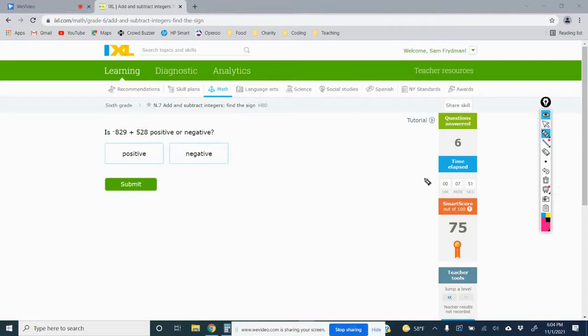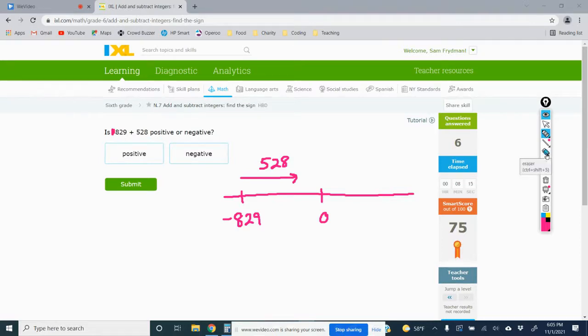Okay, let's just do one more here. So if we start at negative 829, and then we would move to the right by 528 spaces. If we ignore the negative symbol for a second, 829 is larger than 528. So that means that we started further to the left than we're going to move back to the right.